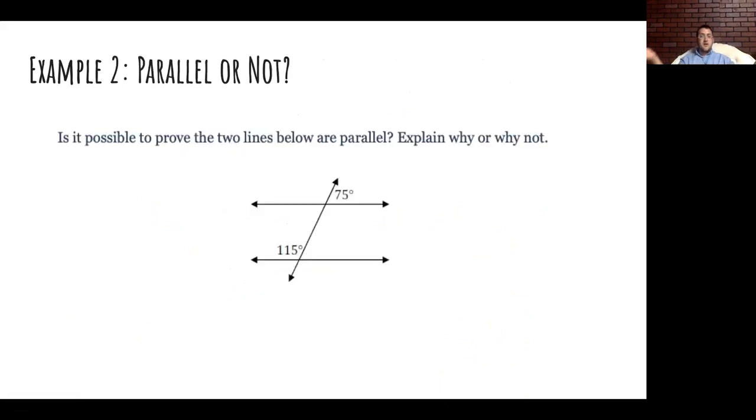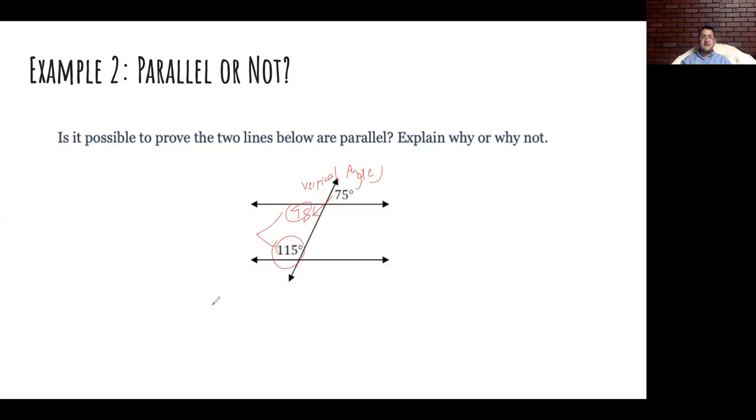All right, the other type of problem is, is it possible to prove that the two lines are parallel? Explain why or why not. One thing that we see here is that we do not have an angle pair. However, if we use vertical angles, I can say that this angle is 75 degrees.